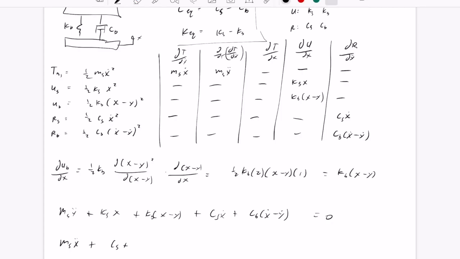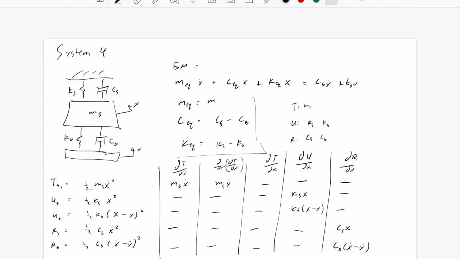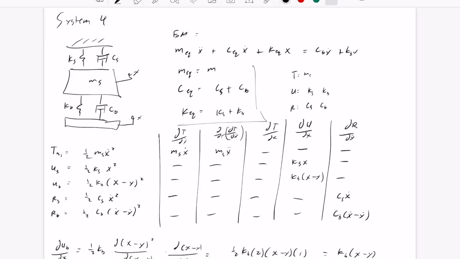This is (c_s plus c_b) x dot plus (k_s plus k_b) x is now equal to c_b y dot plus k_b y. Okay, now here's your M_EQ, here's your C_EQ, K_EQ. So I did have a mistake. These are plus signs, okay?